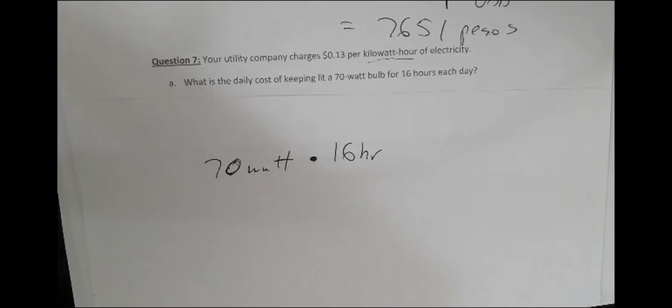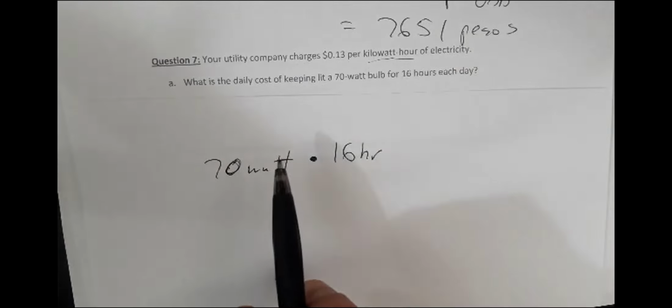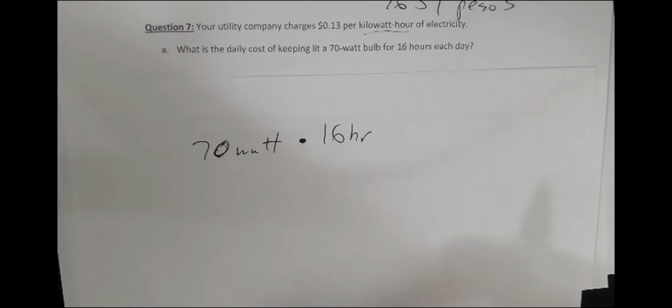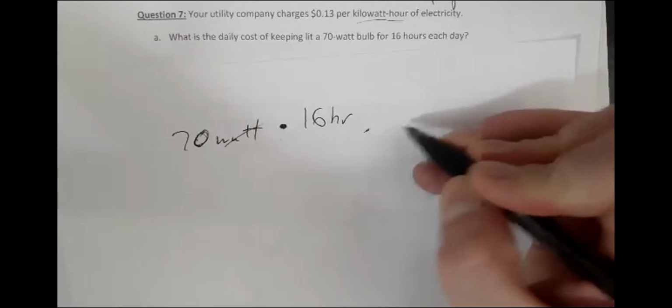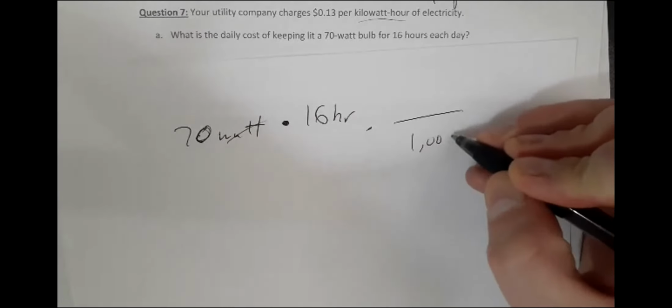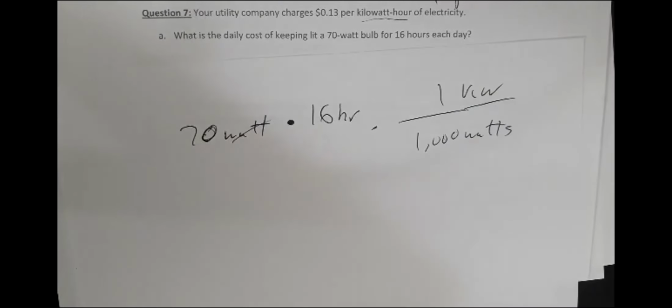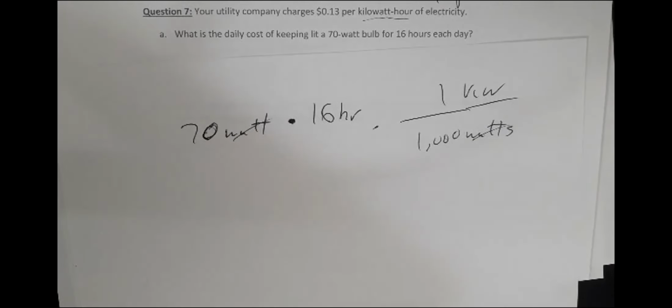So if you want to get kilowatt hours, this is kilowatts times hours. We're going to multiply our watts by our hours. And like I said, we got to convert this, so there are 1,000 watts in 1 kilowatt. So we do have to convert that, and that's probably one of the first things that we'll do. But you want to multiply your watts by your hours to find kilowatt hours.